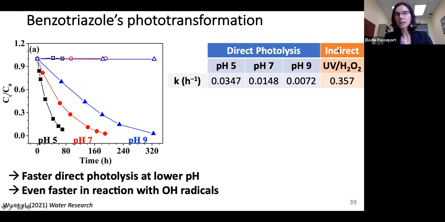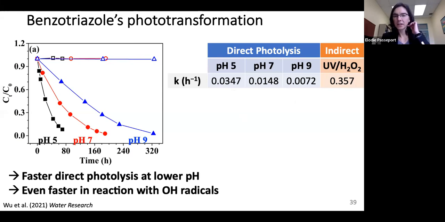So in the indirect phototransformation experiments, we were specifically looking at the reaction of benzotriazole with hydroxyl radical. And here, these are the pseudo first order transformation rate constants. So basically you put first order model on this, you estimate a K value. And so you can see that this is an order of magnitude higher than for the direct photolysis here.